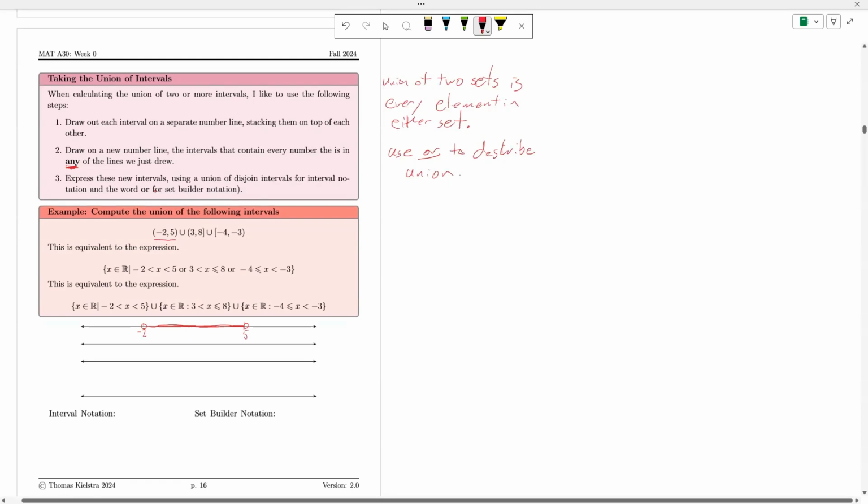My second interval is from 3, so let's say this is 3 up until 8. And here 3 is not included, but 8 is included. And I have this interval. And now I go from -4 to -3, but I don't include -3.